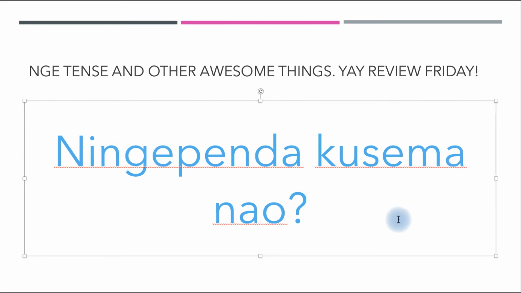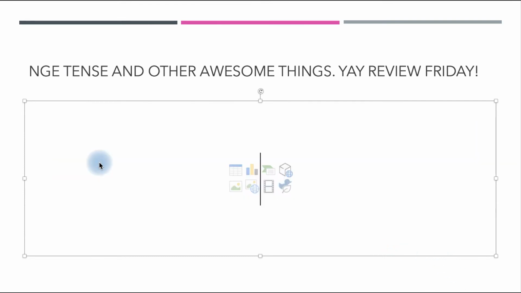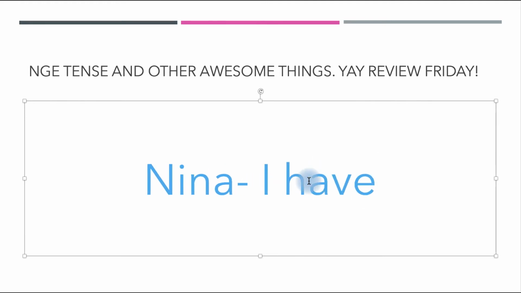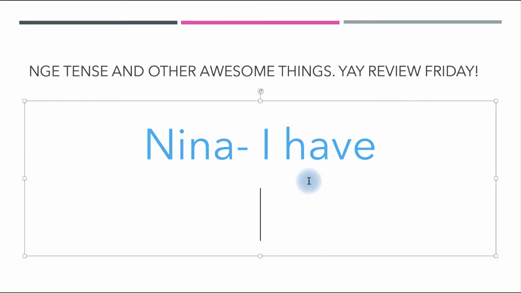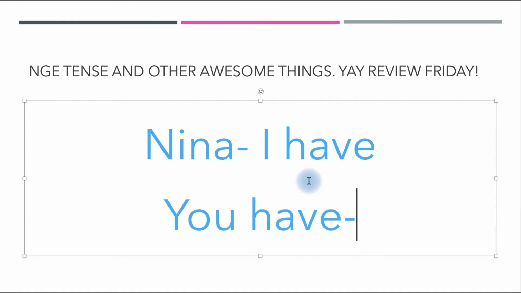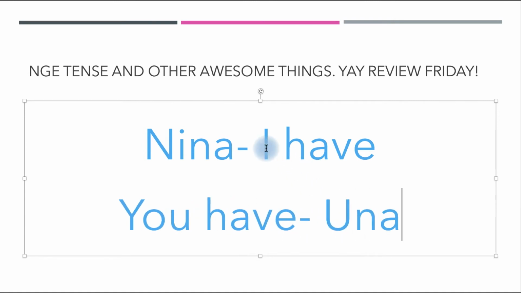Ningependa kusema nao. Okay? Now, in Swahili, if you wanted to say I have, you would simply say ni na. Ni is the subject prefix, I. So Nina is I have. If you want to say you have, you would simply say una. Maybe I need to swap this too.